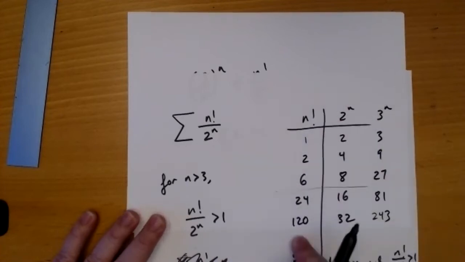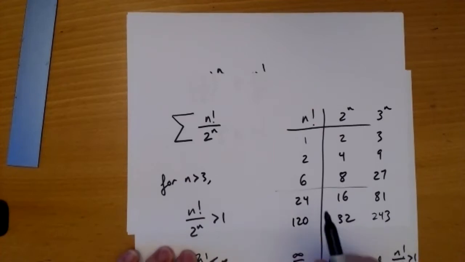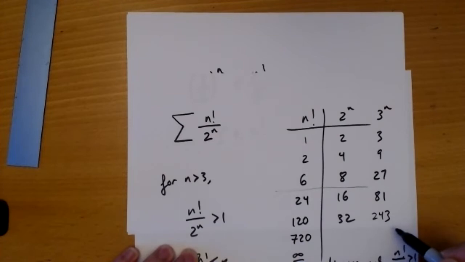Actually, the next step is going to win because the next step is 720. And the next one after here is brain damage.